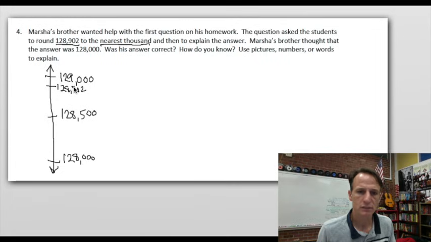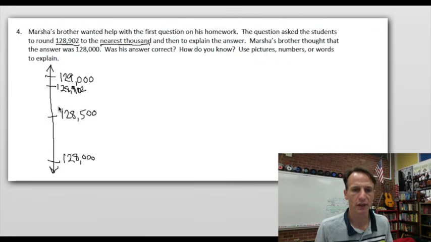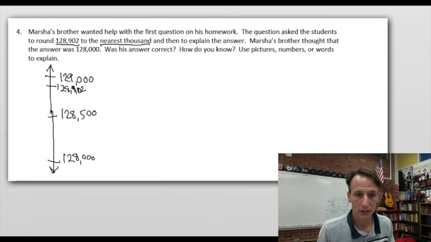128,902. And just to make sure we're really understanding why I say it's almost all the way up there, here's what it would be. It says 128.5. Let's go back. 128.0, 128.1, 128.2, 128.3, 128.4.